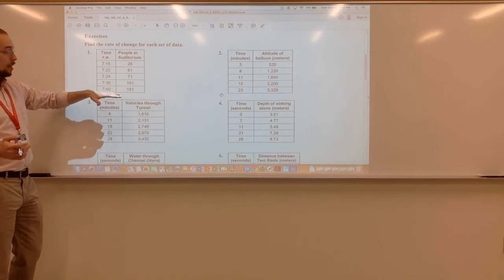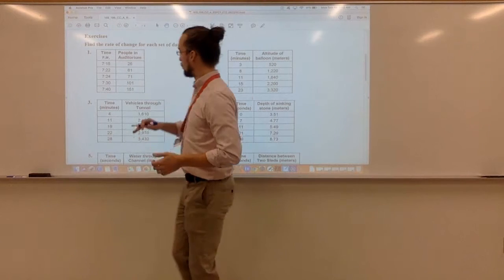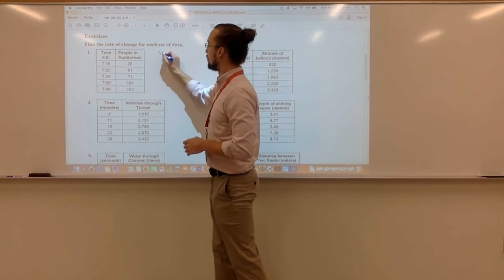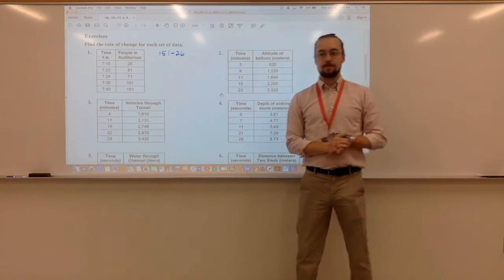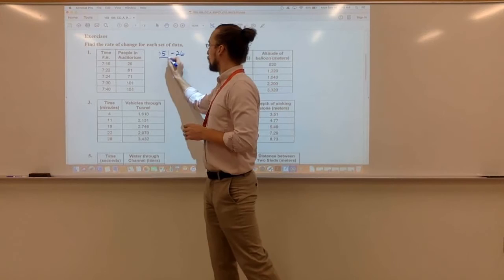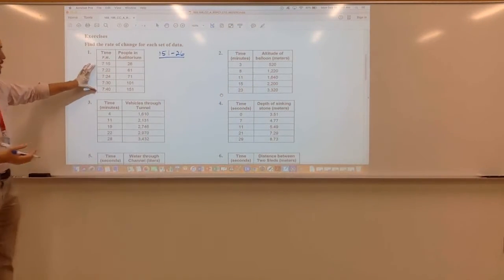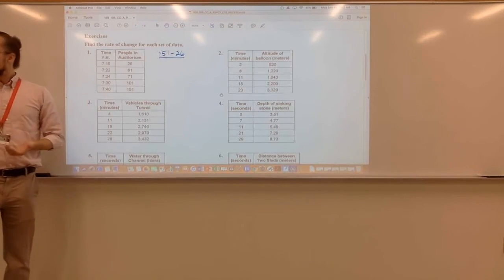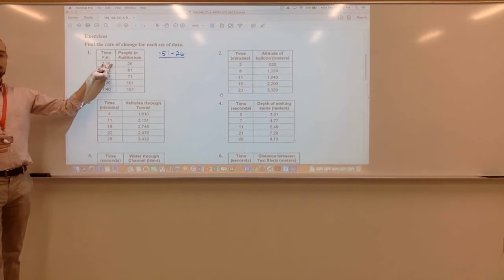To figure out the change in people, we take our final number of people minus our initial number of people. So 151 minus 26. That's going to then go over the change in time. When it's set up like this, 7:40 and 7:15, the best way to write this is just 40 minus 15.